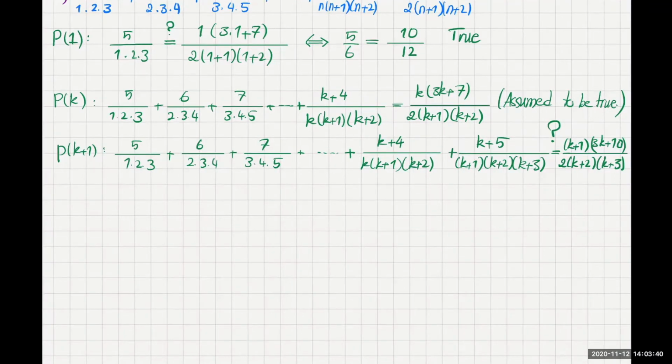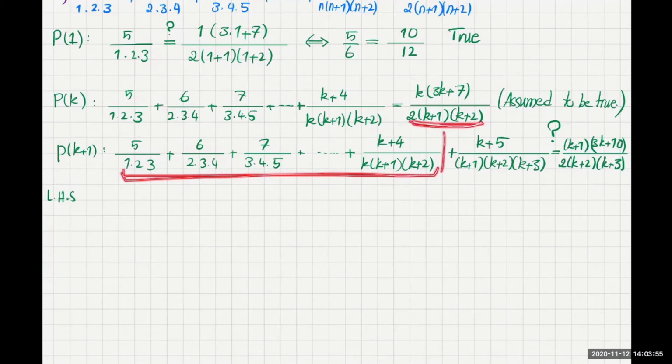Again, I start from the left-hand side of what I want to show, and then you have enough experience by now. You know that this hard part can be replaced, using the assumption. So the whole expression here will be replaced by this simpler expression, okay?